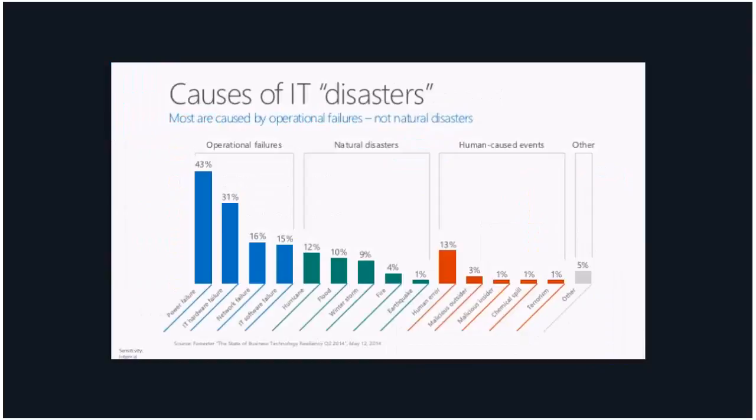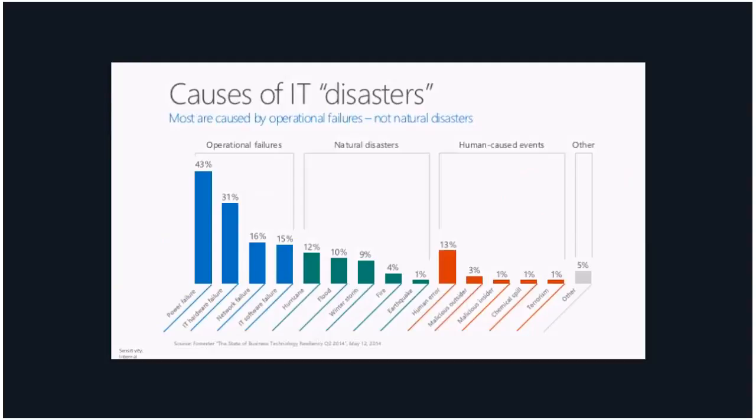It's interesting that when you look at the causes for, quote, IT disasters, we have common operational things, like power failures, like if a UPS were to fail, some hardware failures or network and such. Those are common things we're used to.